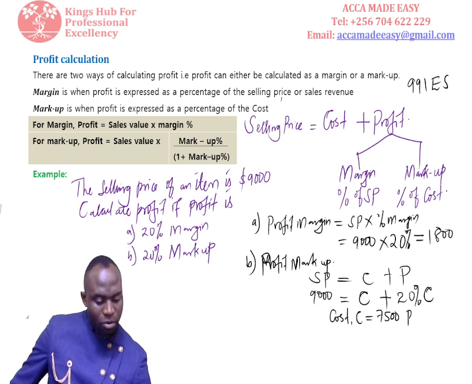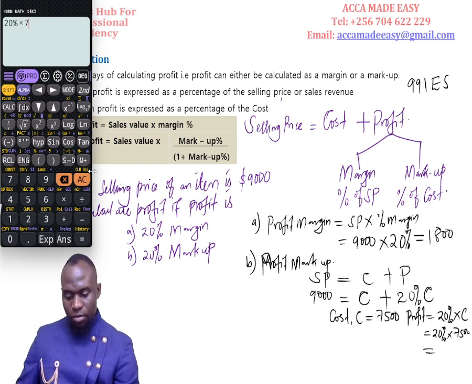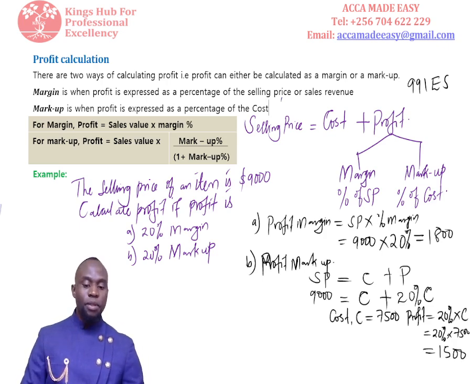The profit is 20% of the cost. So this would be 20% times 75, which is 15. So my profit is 15.